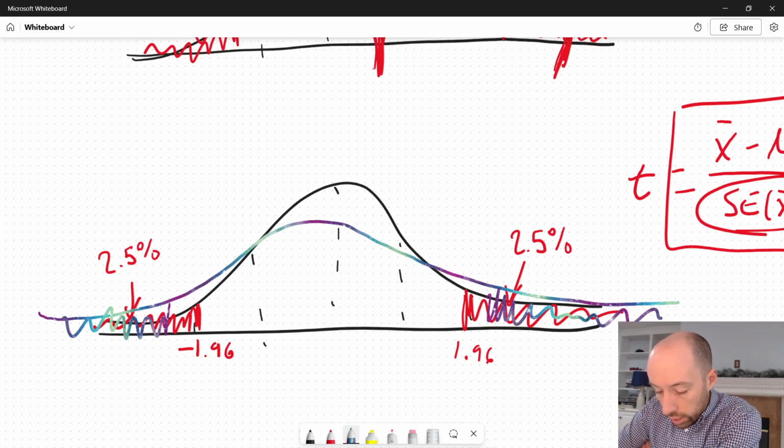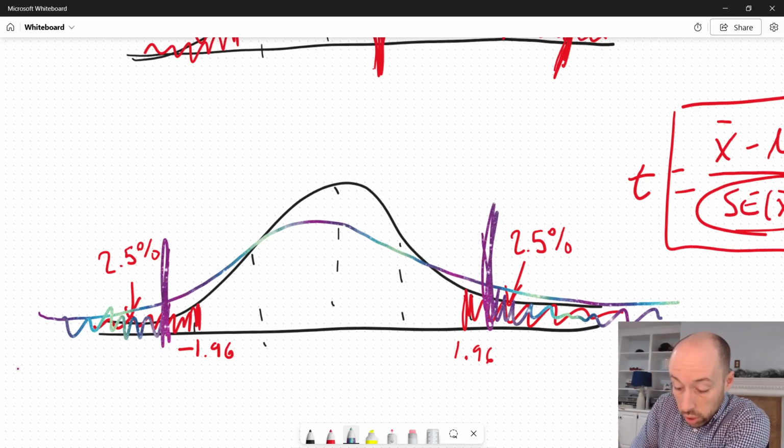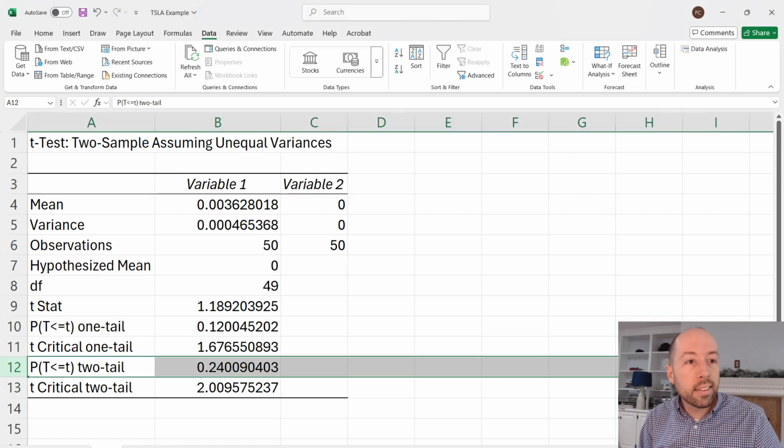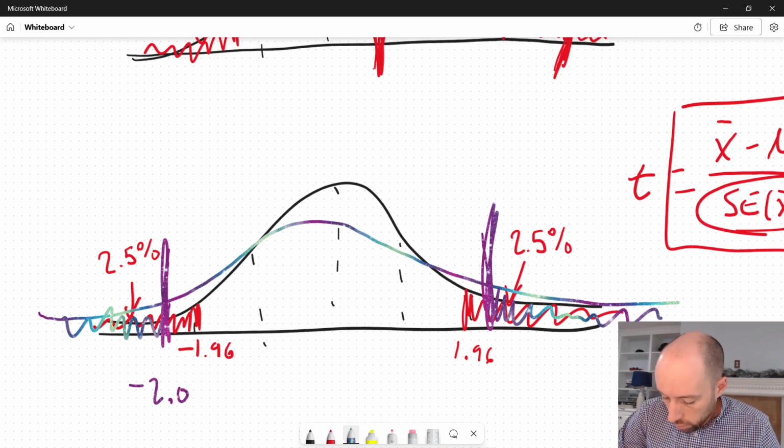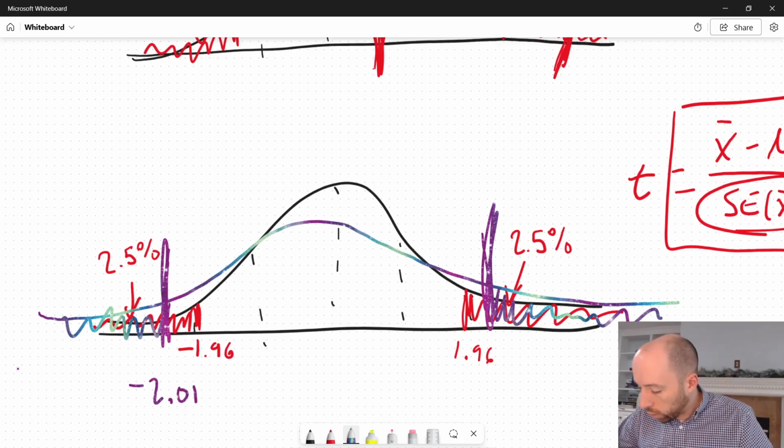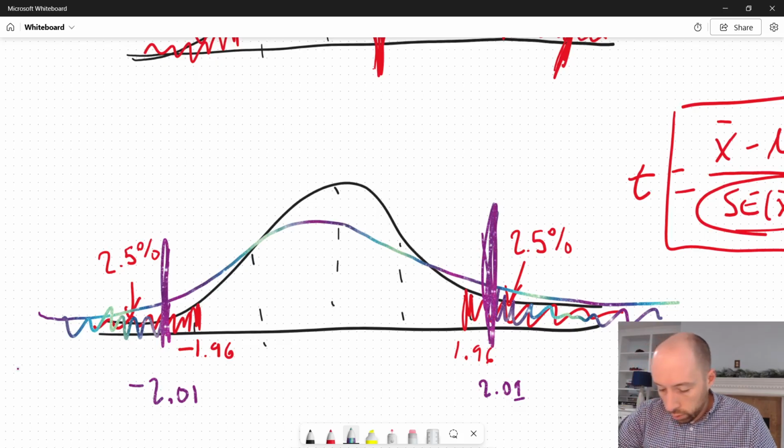So instead of 1.96, I might have a special value like, say, negative 2.009. I'll call it 2.01. And over here on the right, that should be 2.01 for that magical critical value, the cutoff value there.